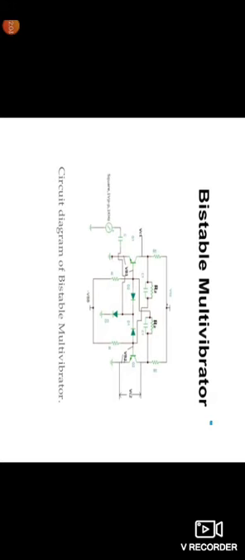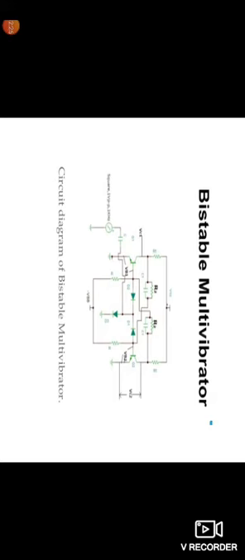Here is the circuit diagram of the bistable multivibrator. Here the square wave, 1 volt peak to peak, 1 kilohertz, will act as a triggering pulse for the two circuits. And there are transistors Q1 and Q2.